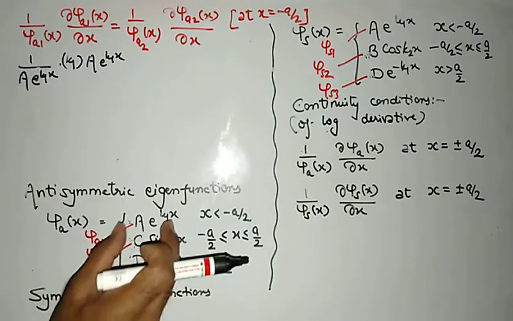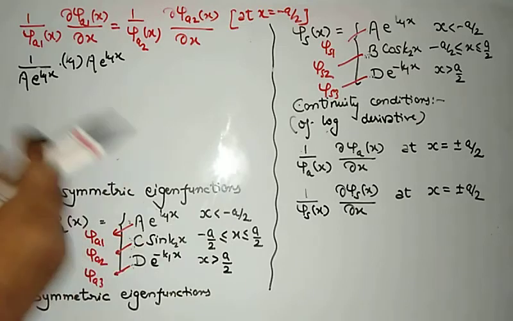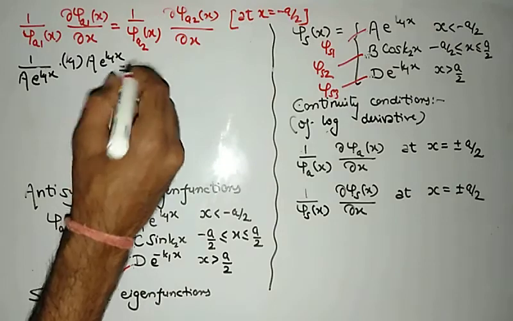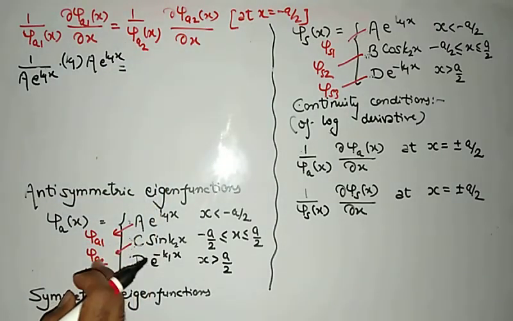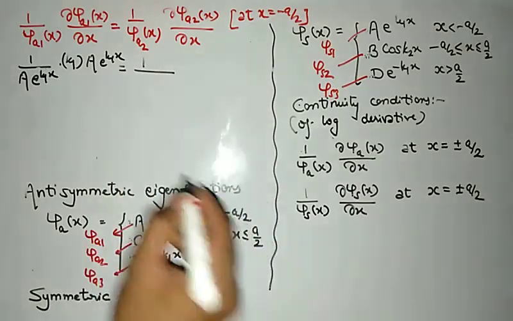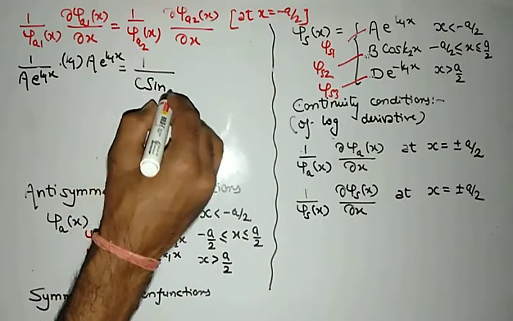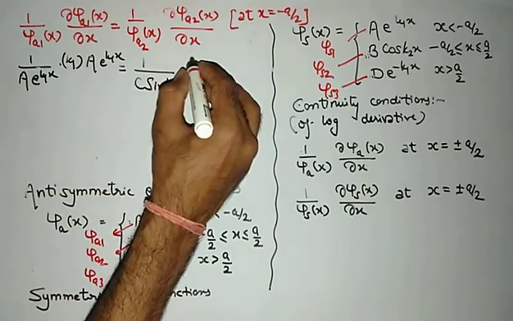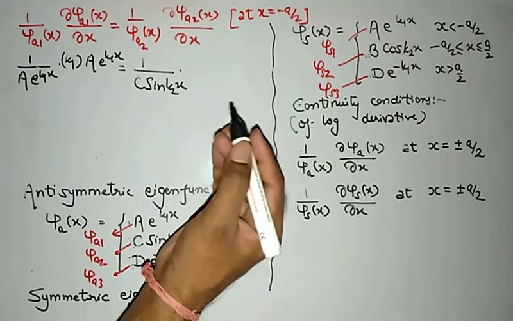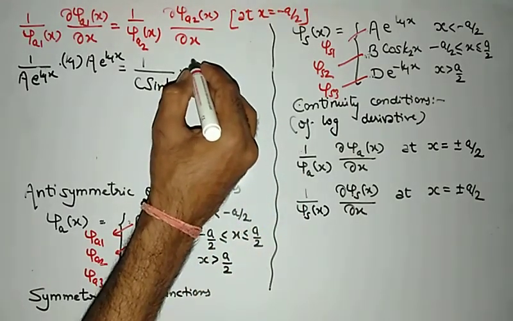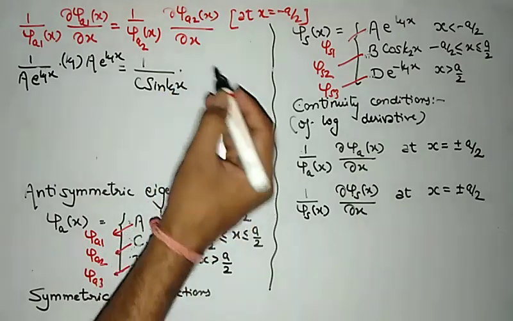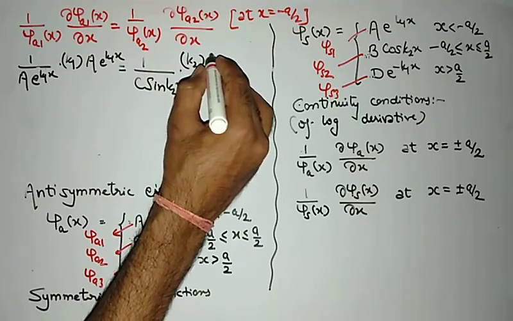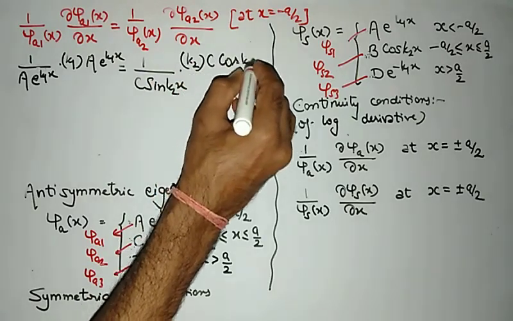We have calculated from here derivative of this part is equal to 1 upon psi a2, that is this one, 1 upon c sine k2x, and differentiating this also, this will be k2 c cos k2x.